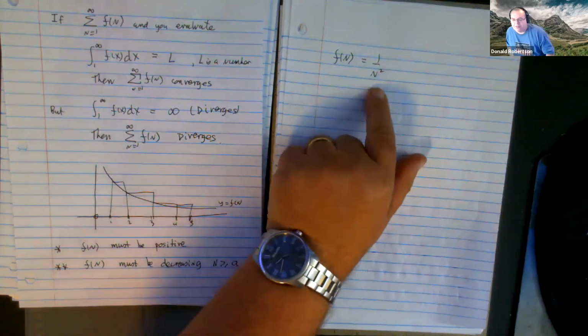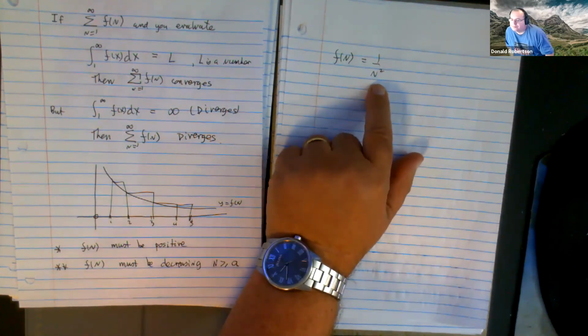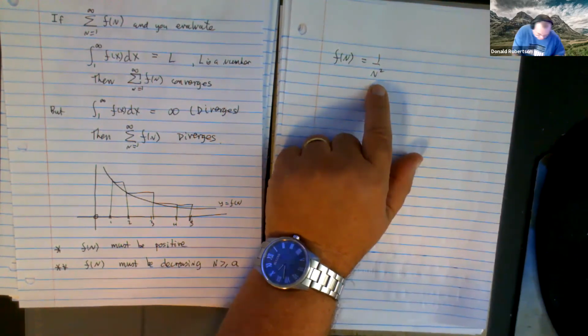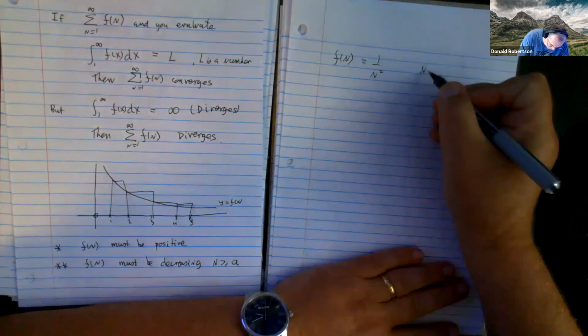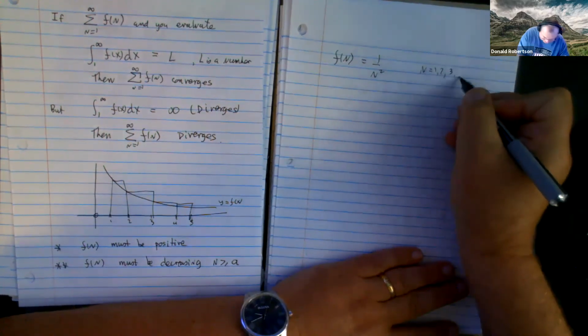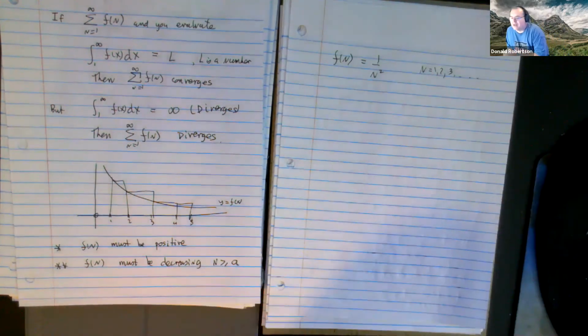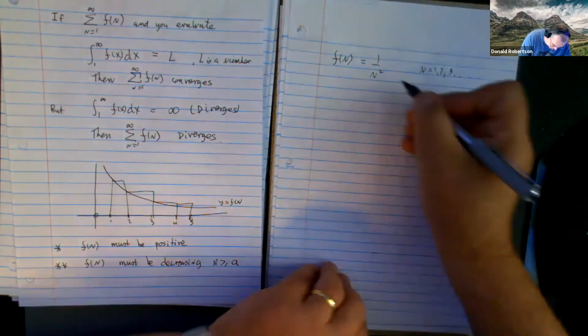Would you agree that this is positive? In fact, I don't need to prove it. Would you agree 1 over n squared is positive? And we're only talking about n equals 1, 2, 3, right? We don't even have values like n equals minus 20, right? So yeah, it's positive.